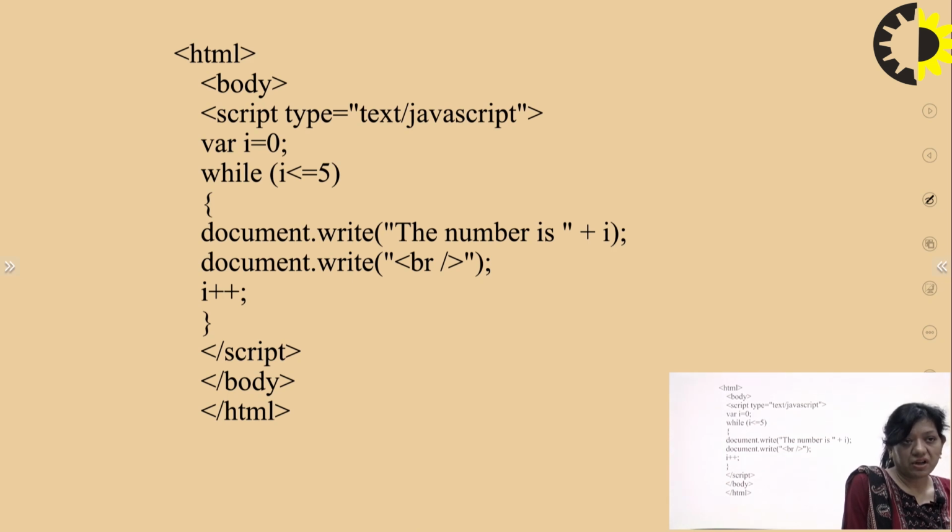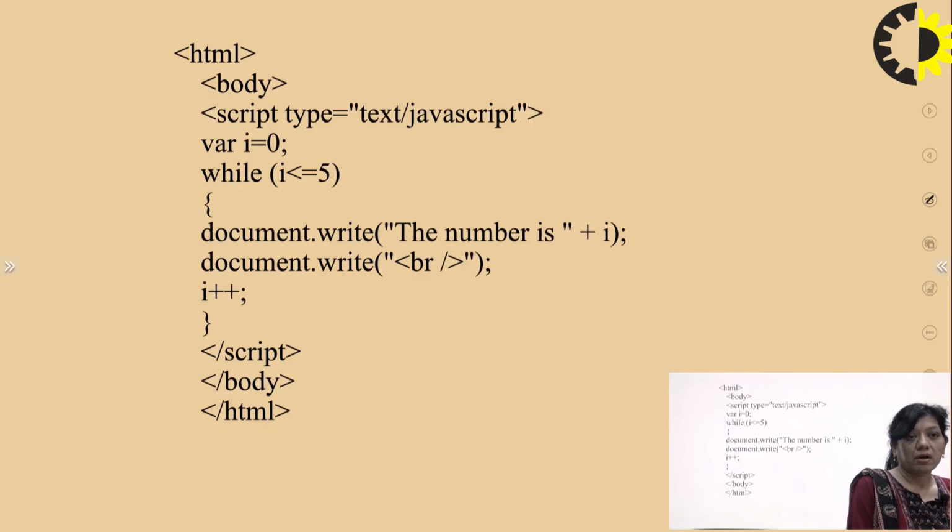So the first value of i is 0, and in while I have written the condition only, and the condition is that i is less than or equal to 5, and every time we will print the value of i, and br means break of line, and in a new line the next value of i would be printed, and i plus plus means post increment in i, which means every time a new increment would happen in i.